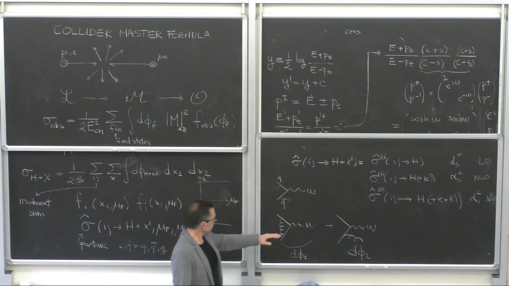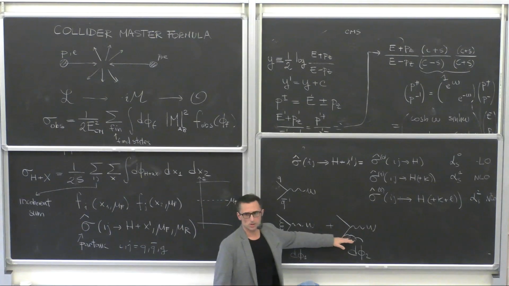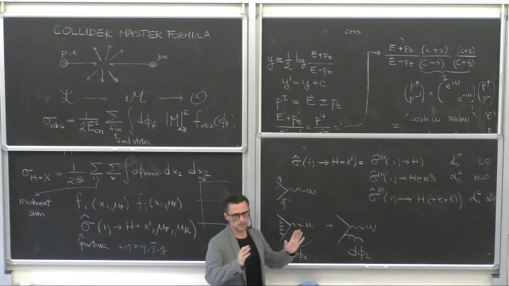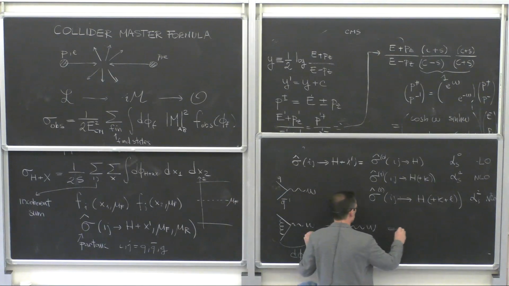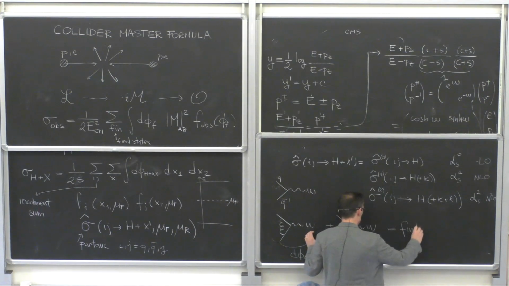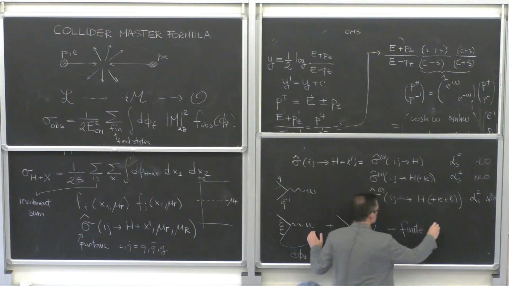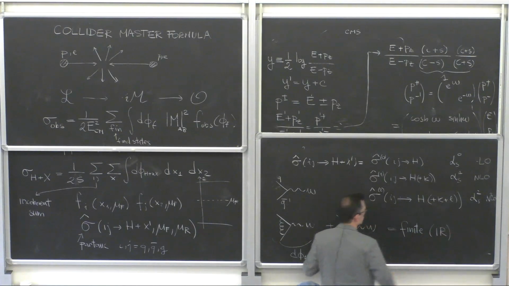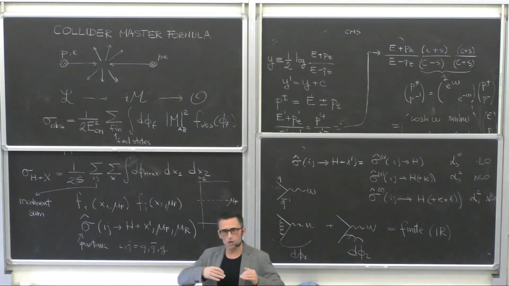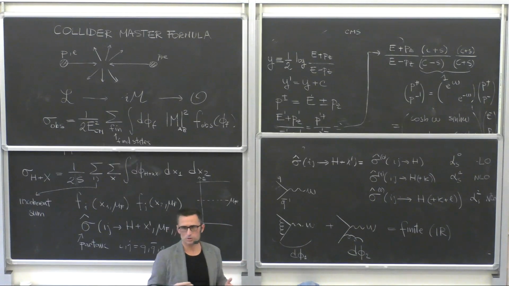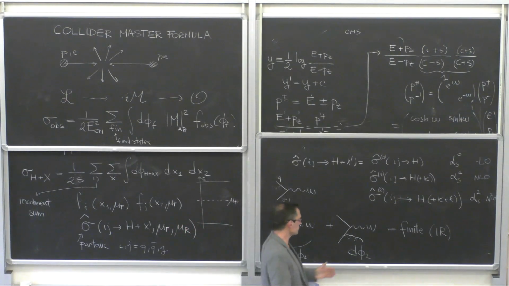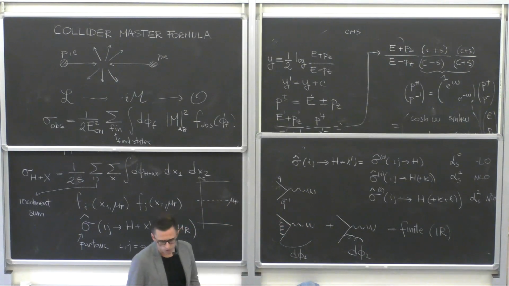If I sum these two contributions once they are integrated over phase space, my result is finite. And by finite, I mean IR finite. So it's not sensitive to long wavelength radiation, the radiation I was talking about before, the one below the minimal threshold in the detector. We will see how it works a bit more tomorrow.